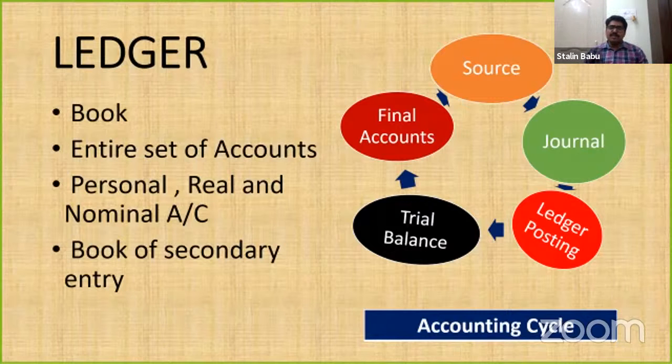It is possible with the help of ledger. So ledger is nothing but a book in which we maintain the entire set of accounts related to personal, real, and nominal accounts. It is the second book, so it is called book of secondary entry, or it is also called book of final entry.